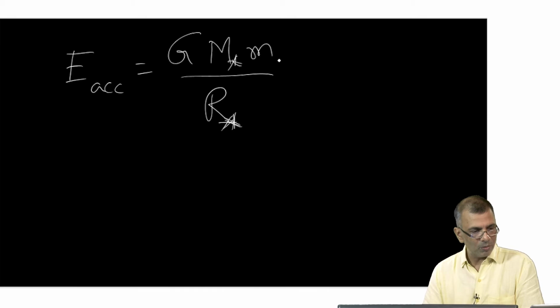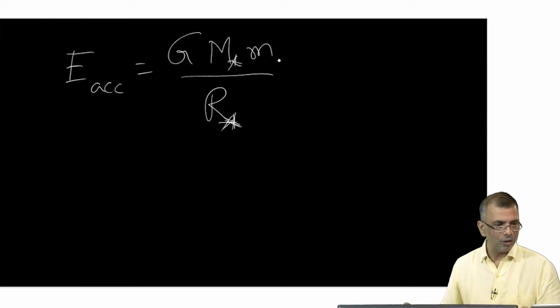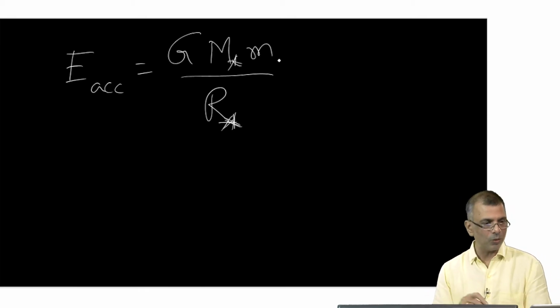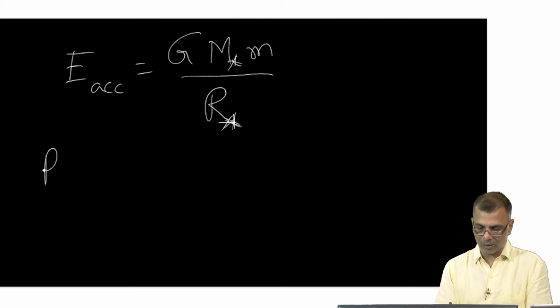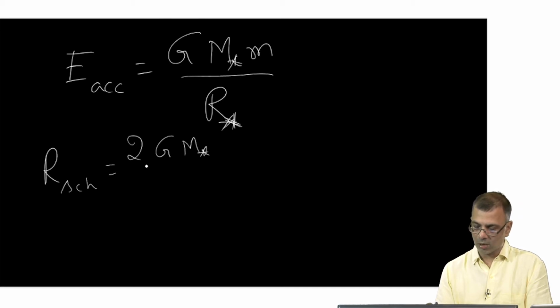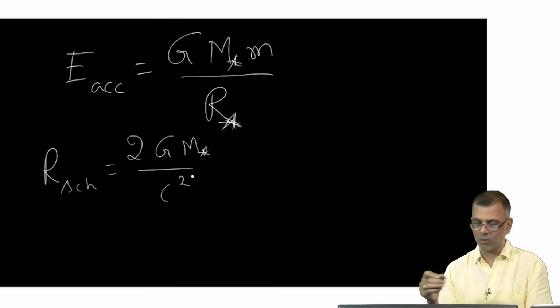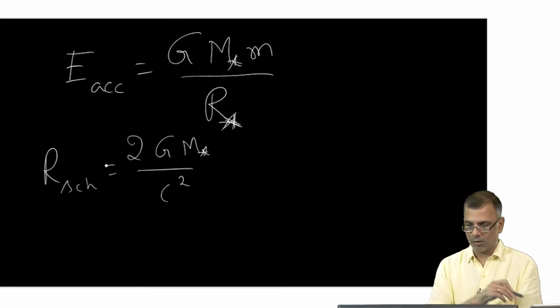Let us now define something called a Schwarzschild radius, which is just a definition, R Schwarzschild equals G m star over c squared. This is just a normalizing unit.